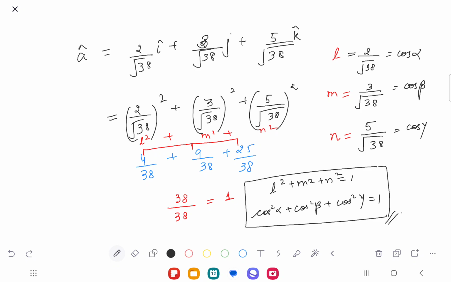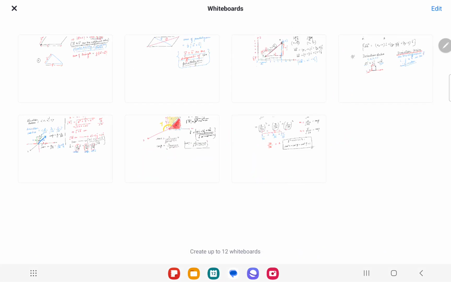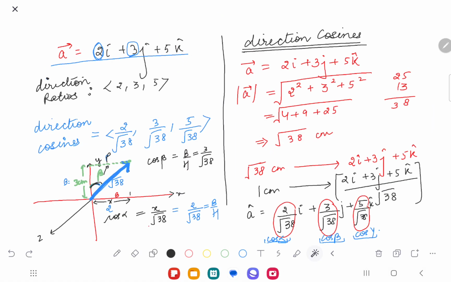You understand? Right? So this is the concept. You have to understand one very important thing: for a particular given vector, if somebody asks me the direction ratios, this is my vector. You simply take the coefficients of i, j, k.